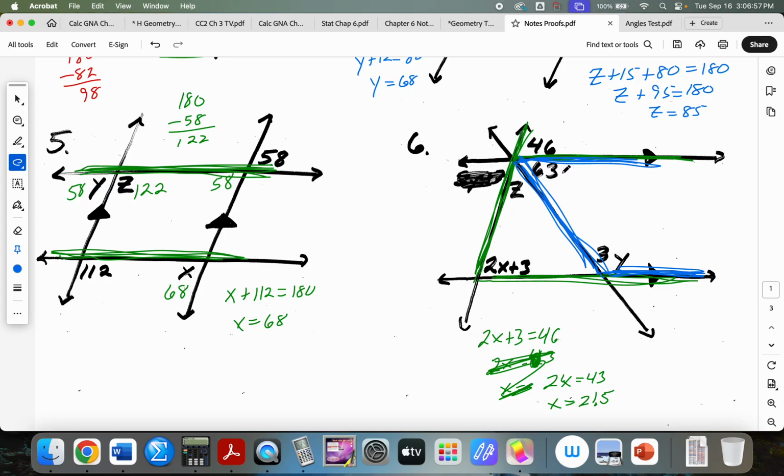What kind of angles are the 63 and the 3y? Same side interior. So how are they related? They're supplementary. So 3y plus 63 is 180. Subtract, we get 3y is 157.